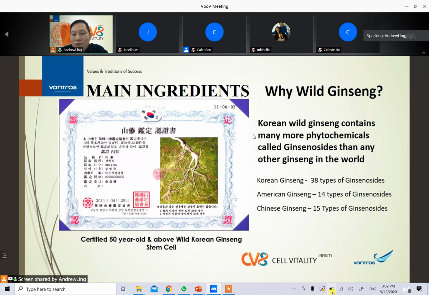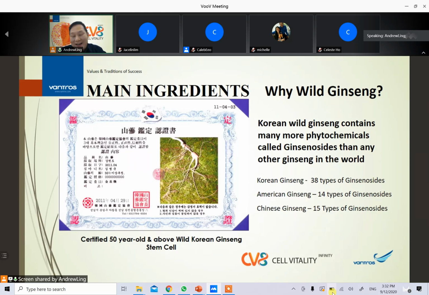Okay, and out of so many types of ginseng, why do we choose the wild one? Because it is very rare, and the nutrient content of wild ginseng is very high. And of course, there are other types of ginseng, such as American ginseng and Chinese ginseng. Why do we choose the Korean one?